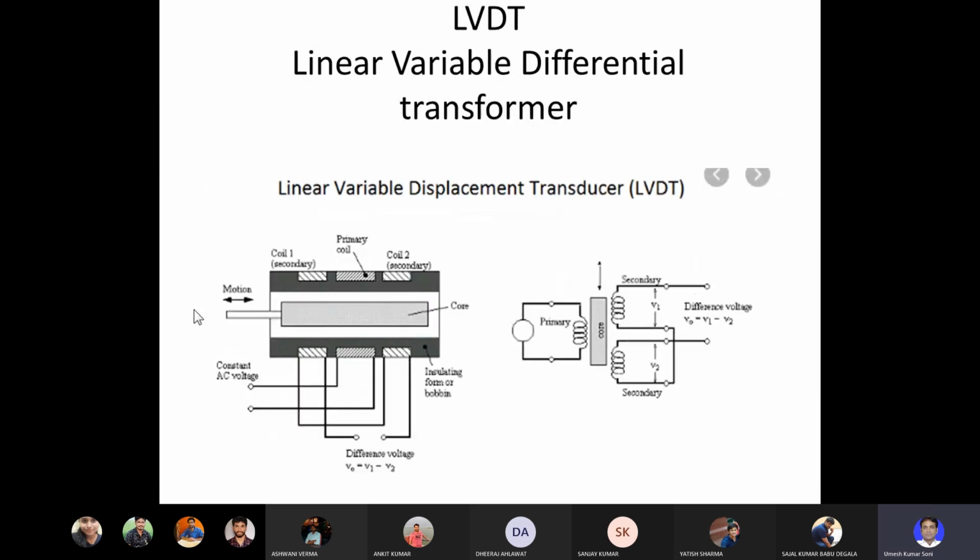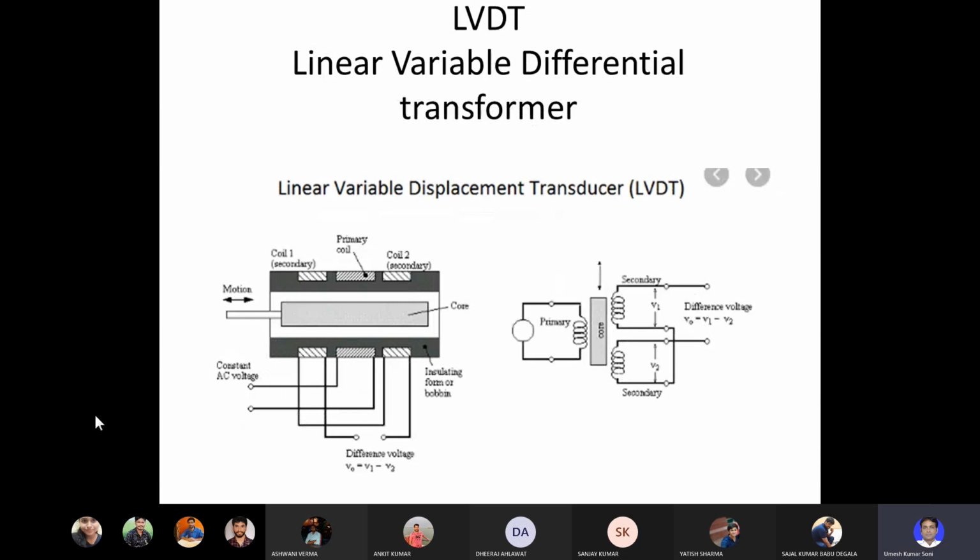Here is the linear variable differential transformer. This is used for linear position in the prismatic type of robotic manipulators, the prismatic arm in robotic manipulators. Here the central coil is given a fixed AC supply, and the other two coils get the induced EMF.